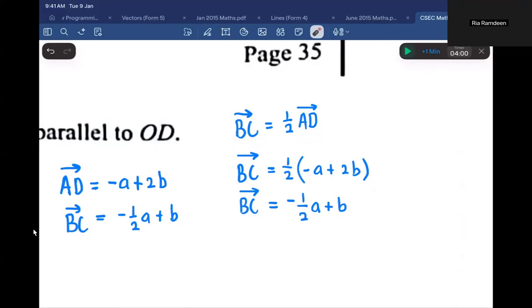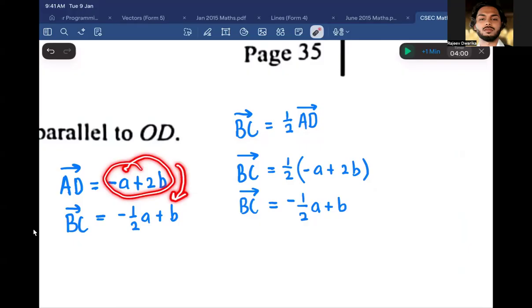If I were to multiply this by a half, I'd be getting back this. So if I could do that, then I could see how it's working out. I feel like you could understand this more than the factorization method, which I'll show you just now.